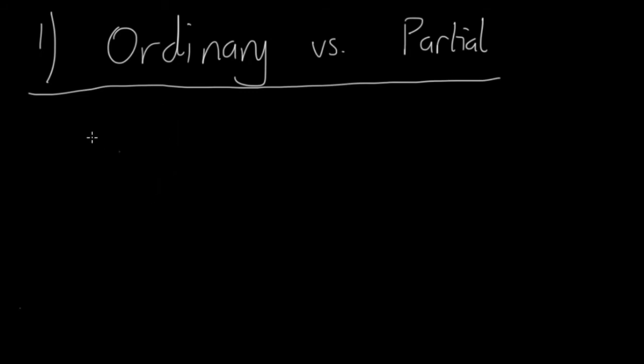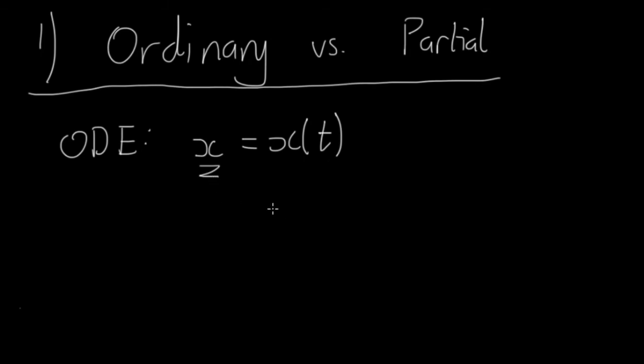An ordinary differential equation, often written in short as just ODE, is an equation in which the dependent variable only depends on one independent variable. So suppose our dependent variable was x. x would only be dependent on one independent variable, say time. Therefore, any differential equations in x will be ordinary.